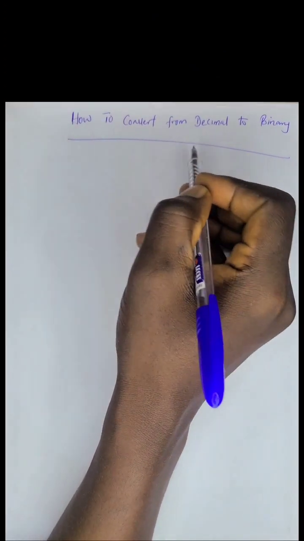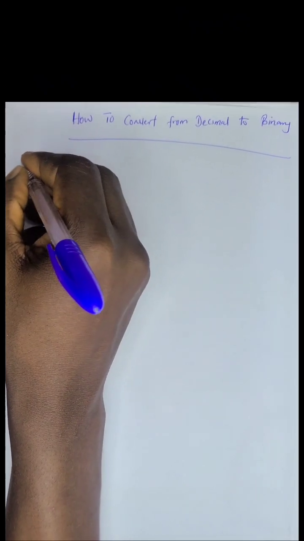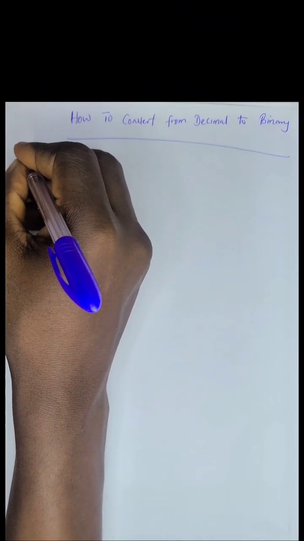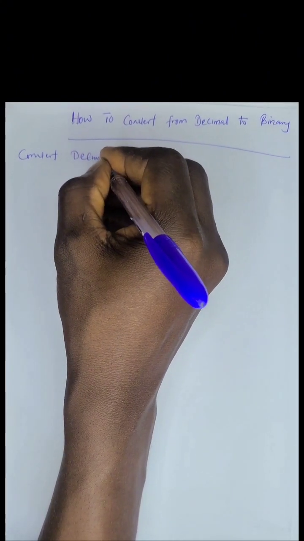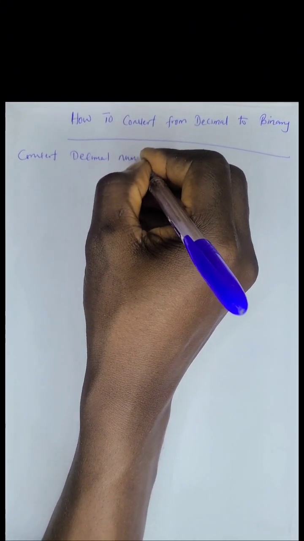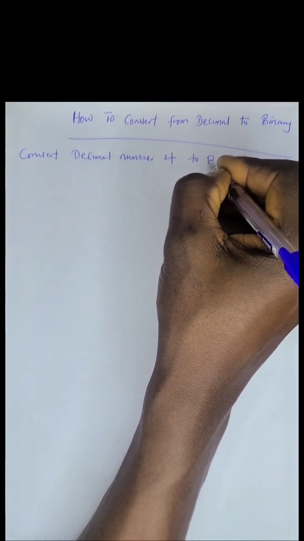How to convert from decimal to binary? Let's convert the decimal number 4 to binary.